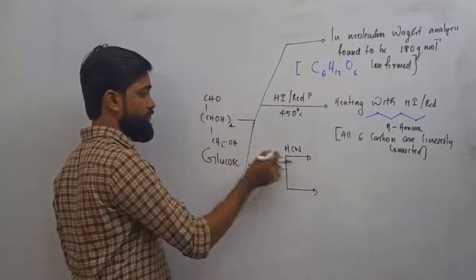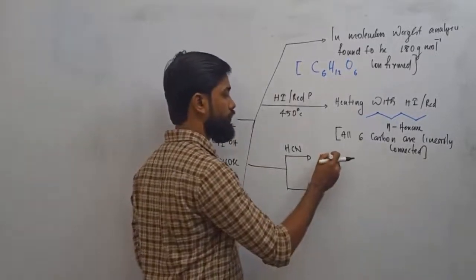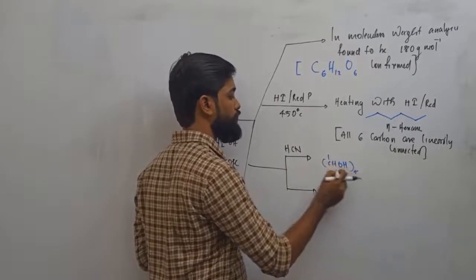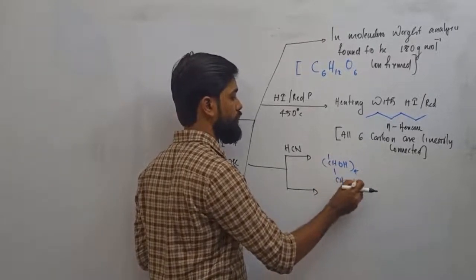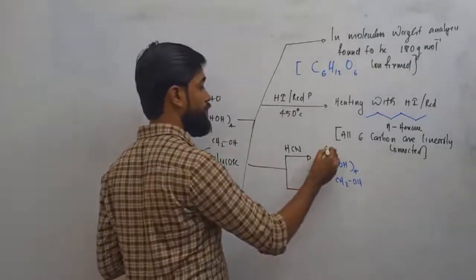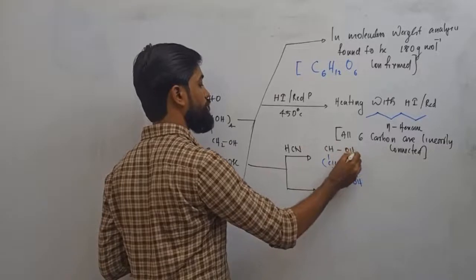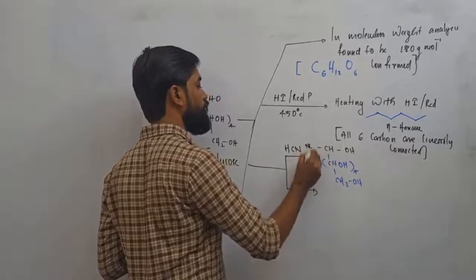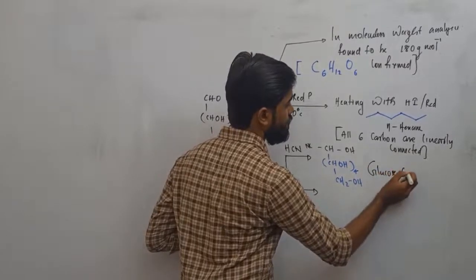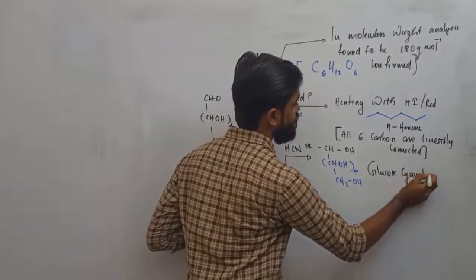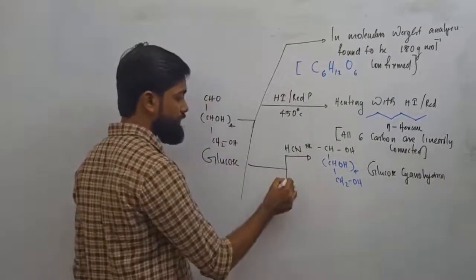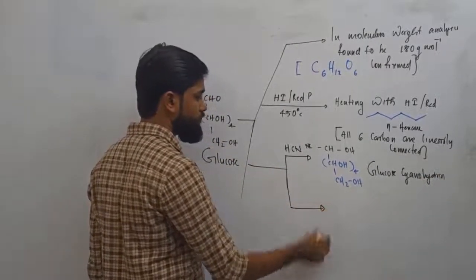The CHOH four times and CH2OH remain the same, but the aldehyde group reacts with hydrogen cyanide to form the cyanohydrin. You know how the cyanohydrin is formed. This is said to be glucose cyanohydrin.